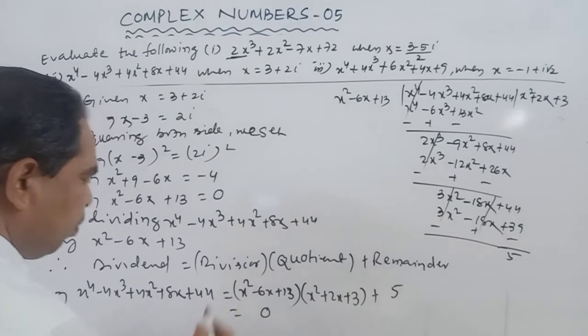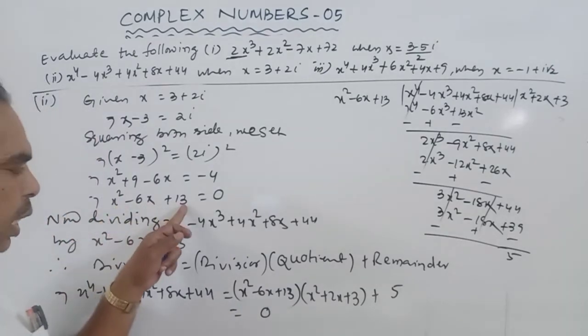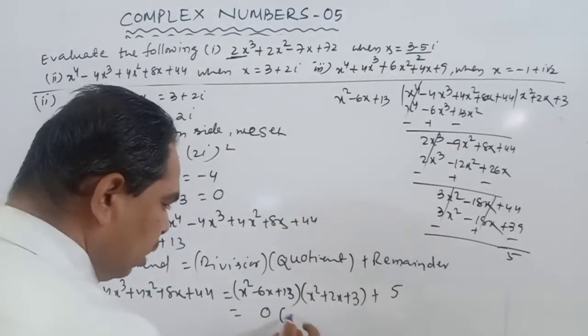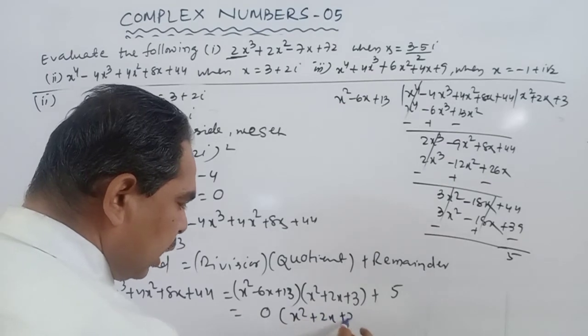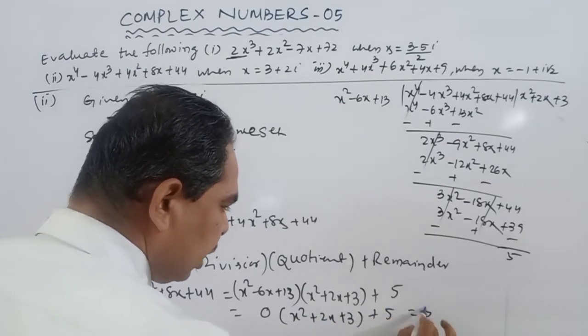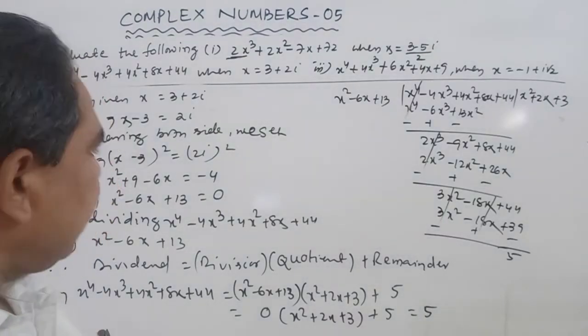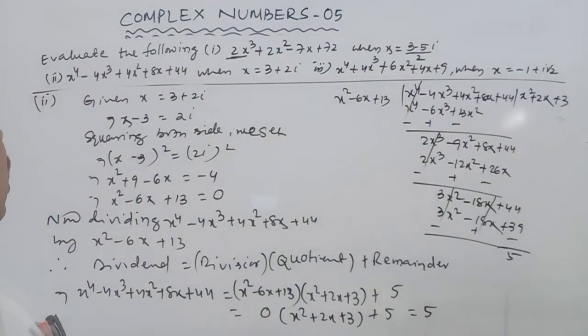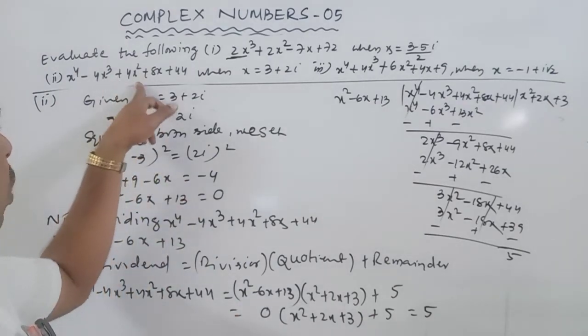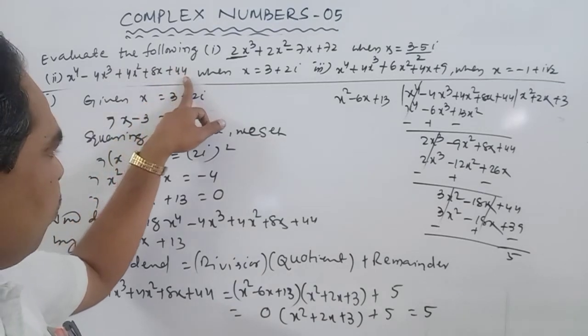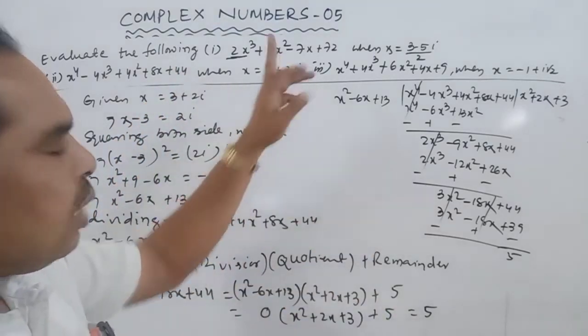This is 0 because x square minus 6x plus 13 is 0. So 0 into (x square plus 2x plus 3) plus 5, so answer is 5. Therefore the value of x fourth minus 4x cube plus 4x square plus 8x plus 44 is equal to 5 when x is equal to 3 plus 2i.